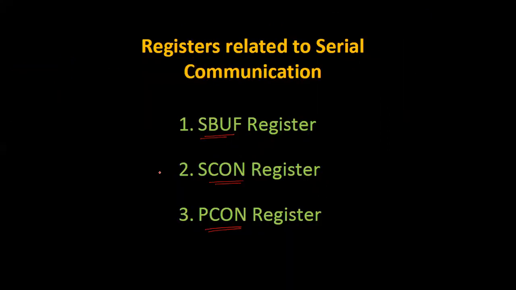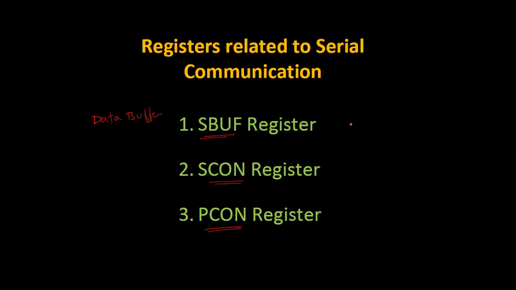And there are 3 special function registers here: SBUF, SCON, PCON. What does SBUF do? Anyone remember from the last lecture? This is a sort of data buffer, because whatever signal or character you want to transmit should have some memory.